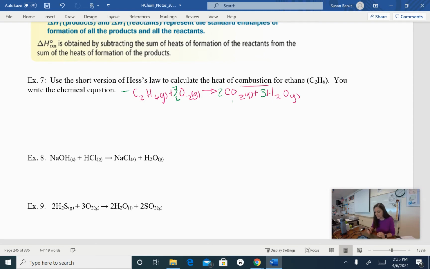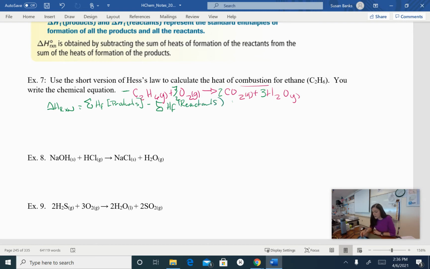Okay? So we're going to use our table that we've got. And I've linked a table to your homework assignment. I'm just going to be scrolling back and forth to the table. So we need the heat of formation for our products first. Remember, delta H of a reaction is the sum of the heats of the products minus the sum of the heats of formation of the reactants.